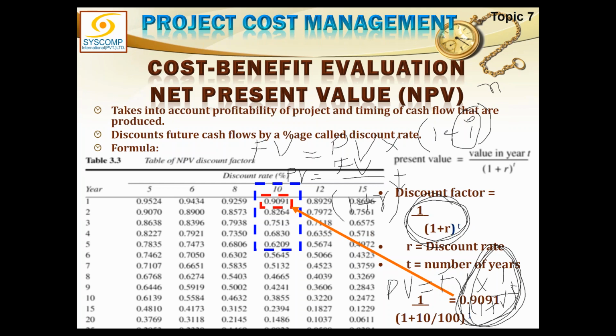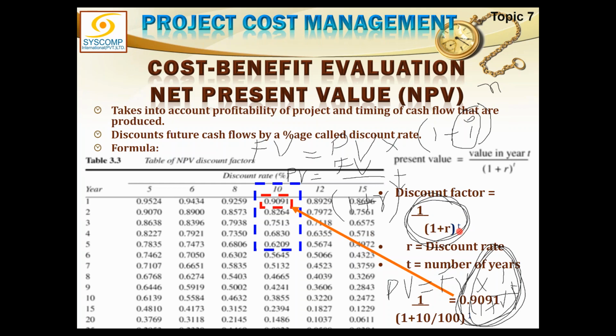Okay, this discount factor has only two unknowns, R and T. One doesn't change. One is one. R is unknown, T is unknown.